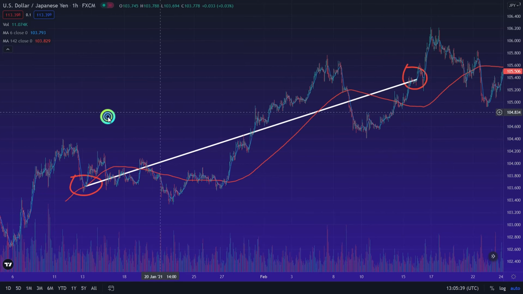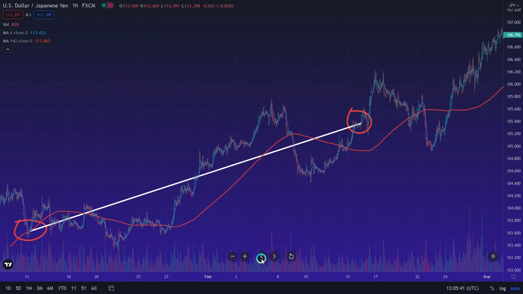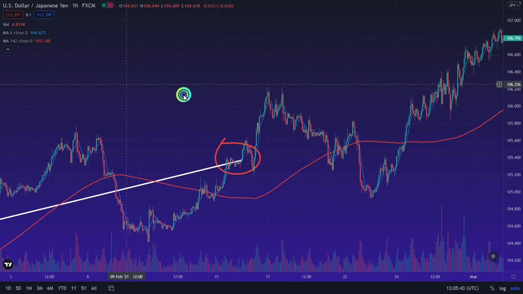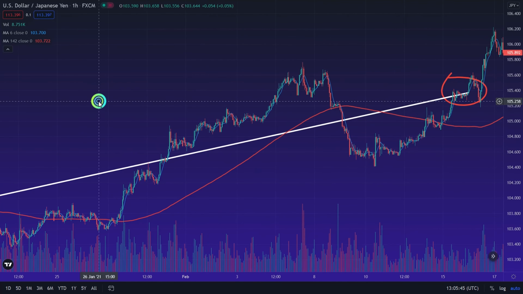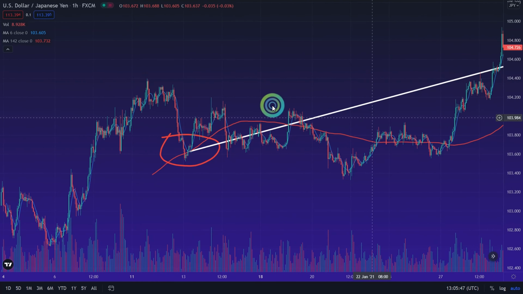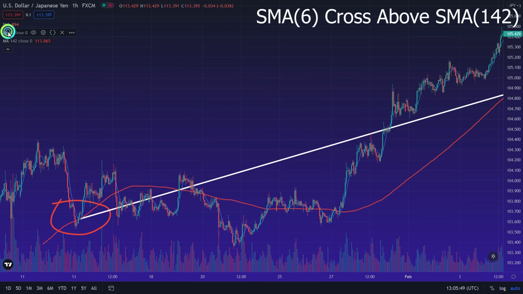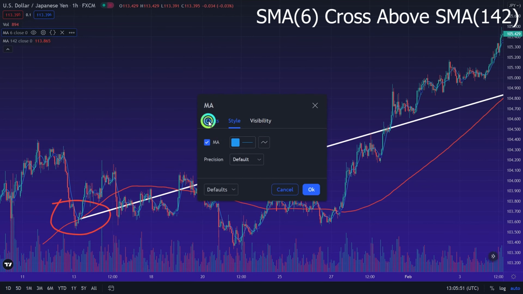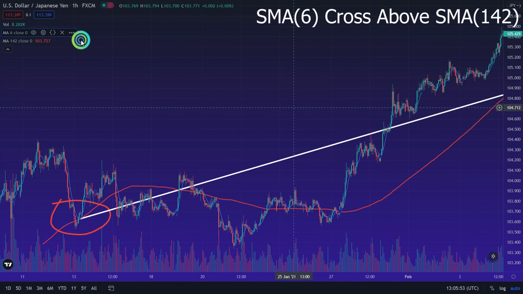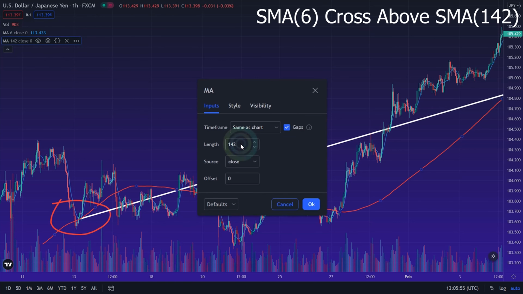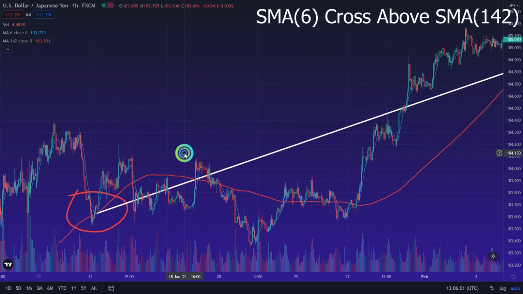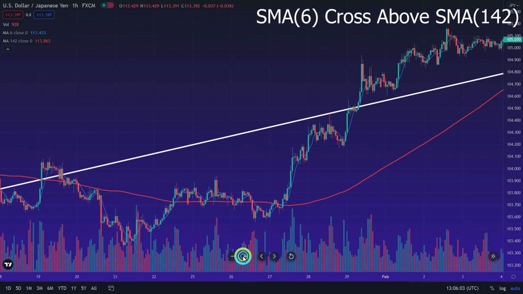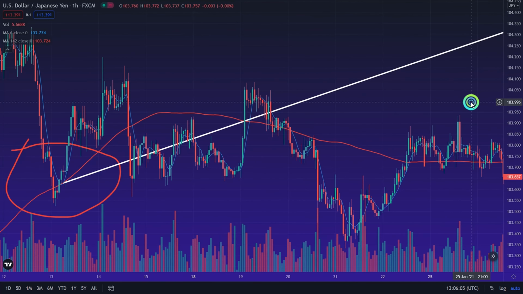Now let's see. Our first buy entry condition is a really simple one, and that is a crossover. When a 6 period simple moving average crosses above a 142 period simple moving average, we have our first condition that is good and ready to go.